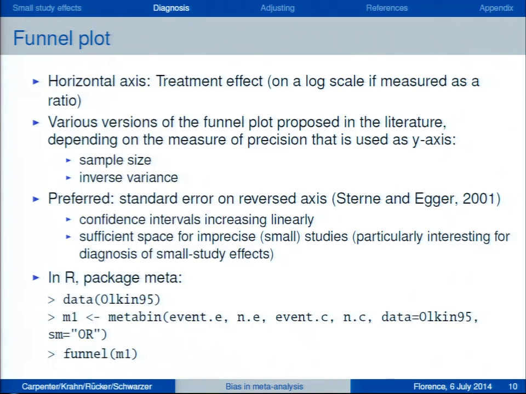There are the event numbers coded here as event.e and n.e for the experimental group and .c for the control group. And as an effect measure, we take the odds ratio here. And if this meta-analysis object is called M1, then we can do a funnel plot by simply using the funnel function of the meta package.